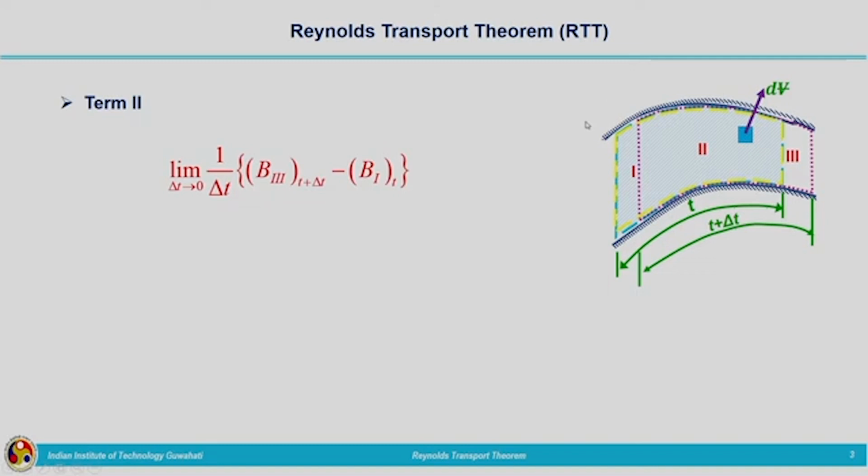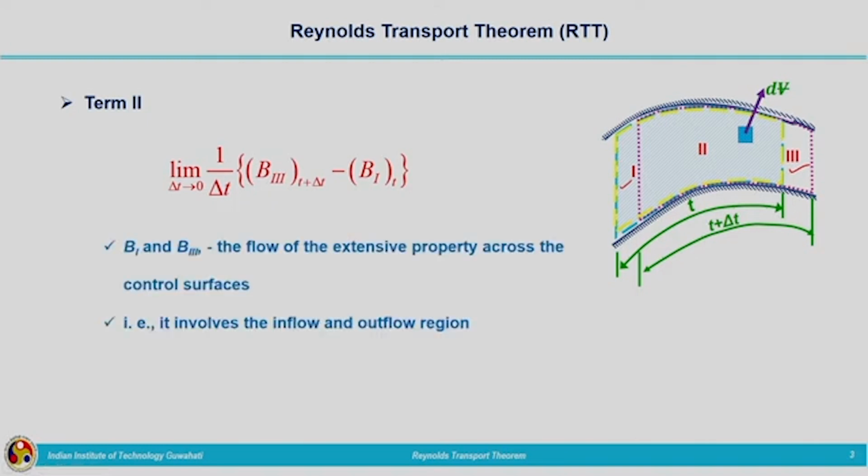Here we have B3, that is region 3, and also region 1, both representing the outflow and inflow control surfaces. B1 and B3 are the extensive properties in regions 1 and 3 flowing across the control surfaces. So, this involves the inflow and outflow regions.